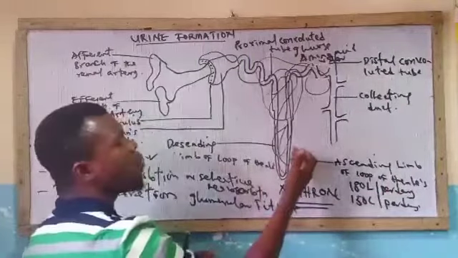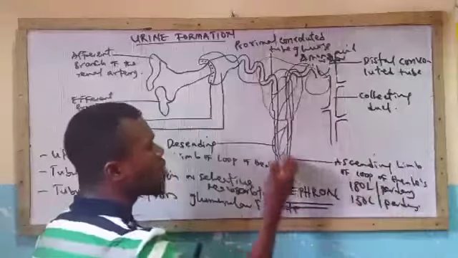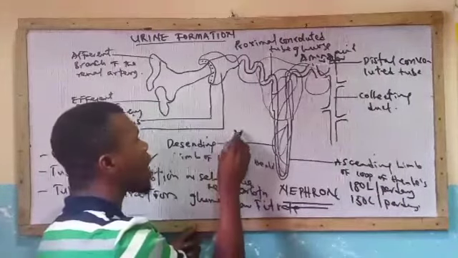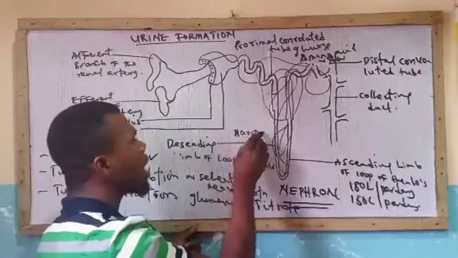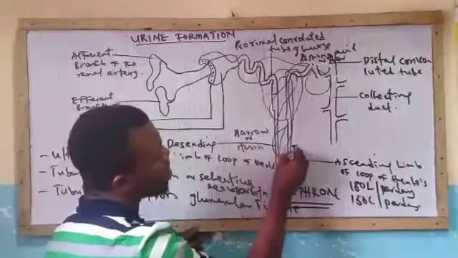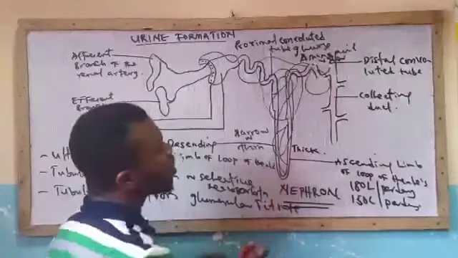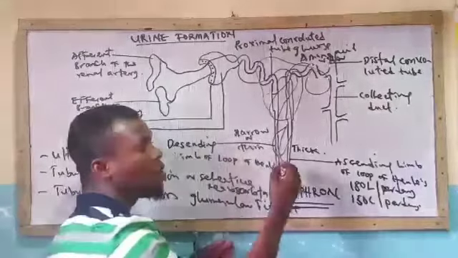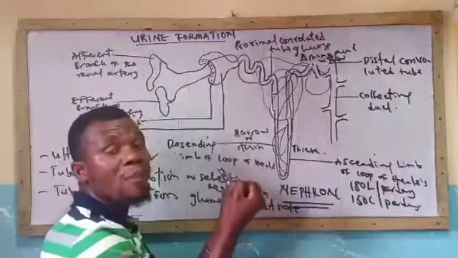When you get to the ascending limb of the loop of Henle, there is less water compared to the descending limb. That is why the descending limb is thin, while this one is thick, because the concentration of the urine is now higher, releasing higher pressure.